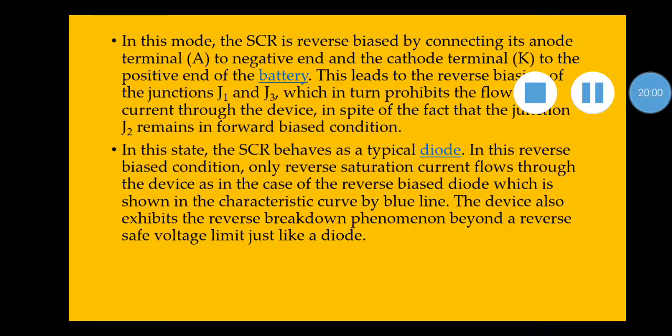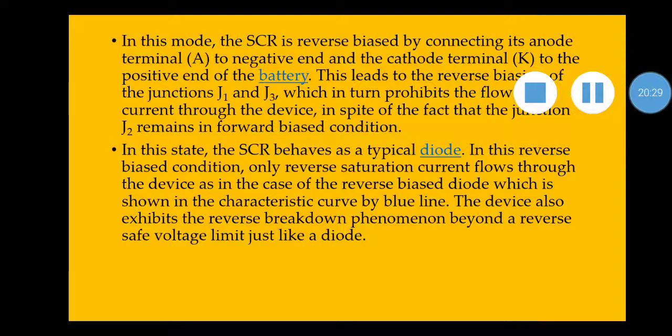This leads to reverse bias of the junctions J1 and J3, which in turn prohibits current flow through the device, even though the junction J2 remains in forward bias condition. In this state, the SCR behaves as a typical diode.